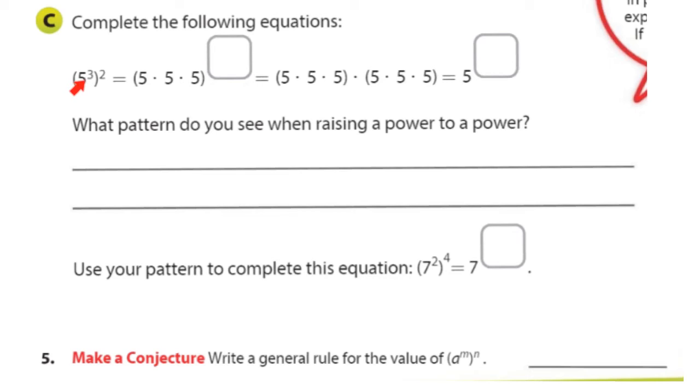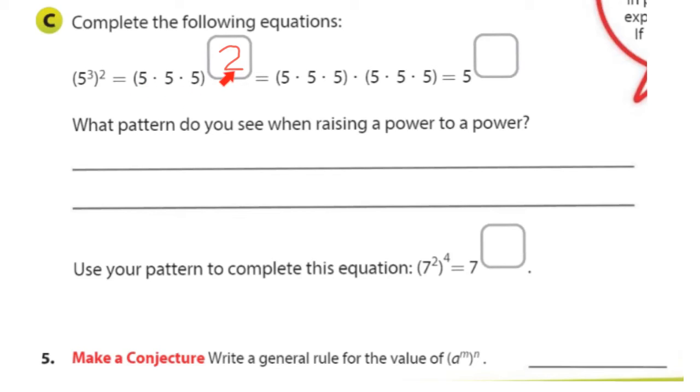This is 5 to the 3rd power raised to the 2nd power. Now notice how they put 5 to the 3rd power: 1, 2, 3. So they took what's inside the parentheses and they wrote it out. They expanded it. But the exponent in this case is going to be the 2 because you haven't used the 2 yet. You only used the 3 exponent when you expanded.